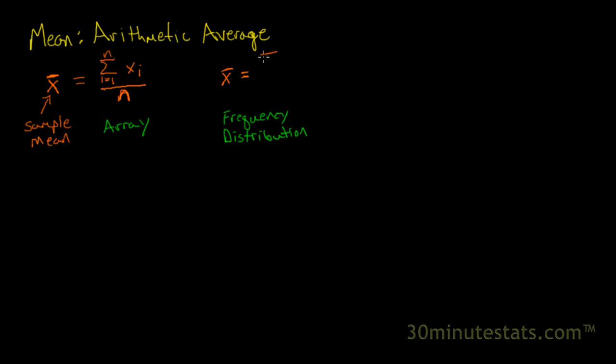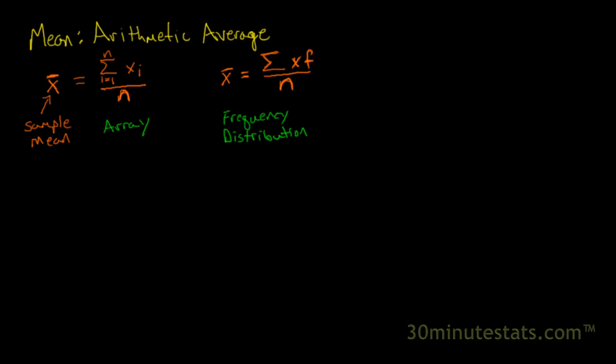When we have a frequency distribution, we're now going to sum the value of x times f. So we want to calculate the value of the variable x times its frequency first, and then we'll divide the sum of those values by n.